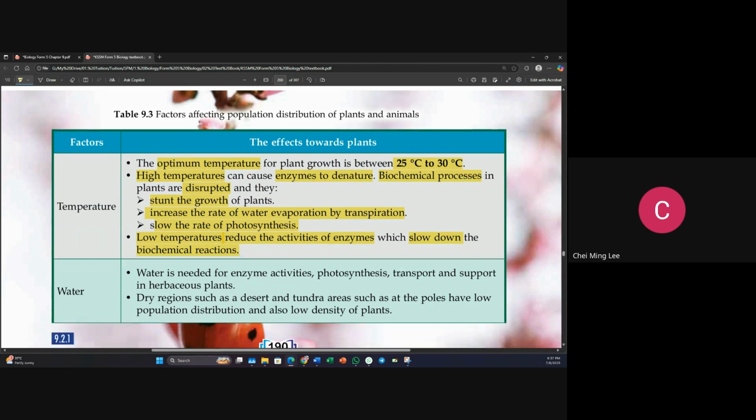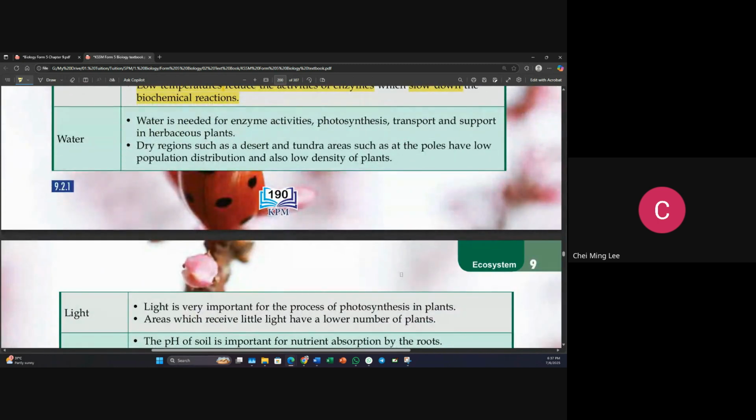Now for water, it is needed for enzyme activities, photosynthesis, transport, and support in herbaceous plants.